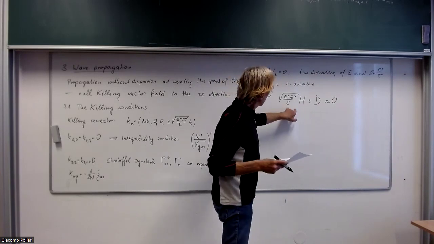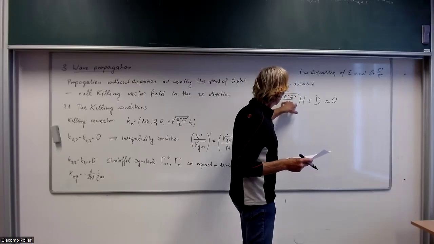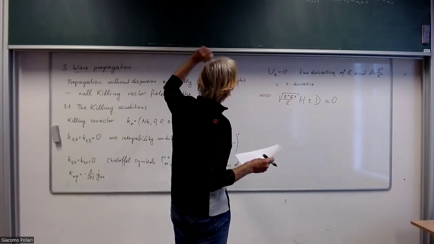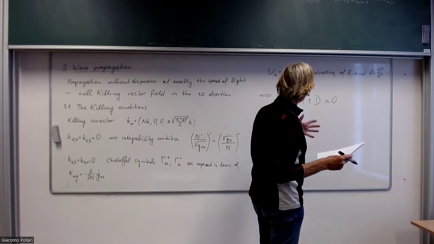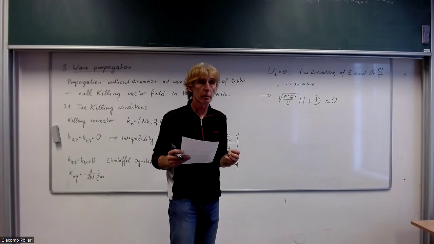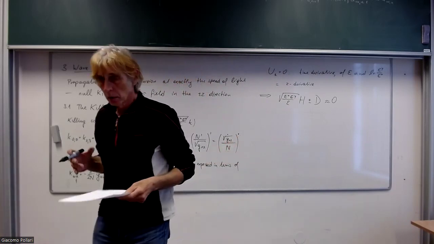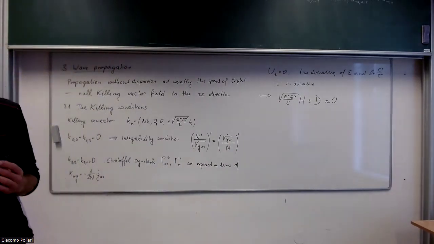So time evolution with a choice of the unit of time being equal to the unit of c is equal to spatial derivative or spatial transport, which one should expect from the existence of such Killing vector fields.